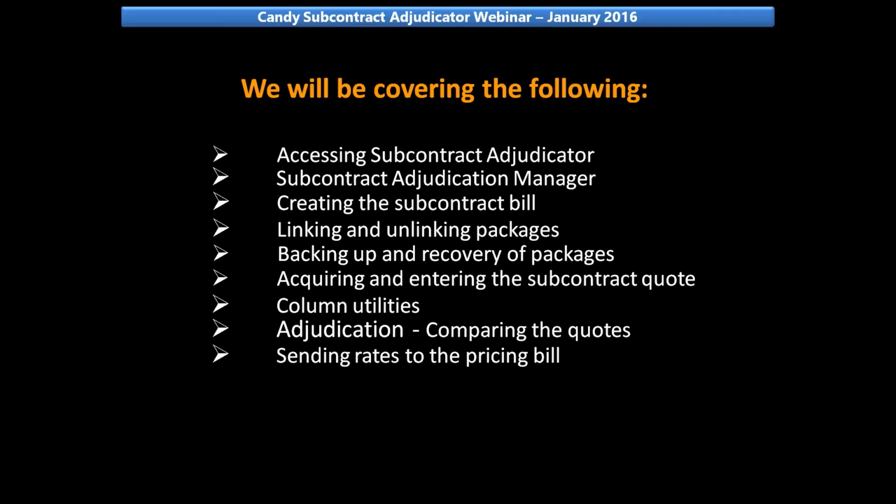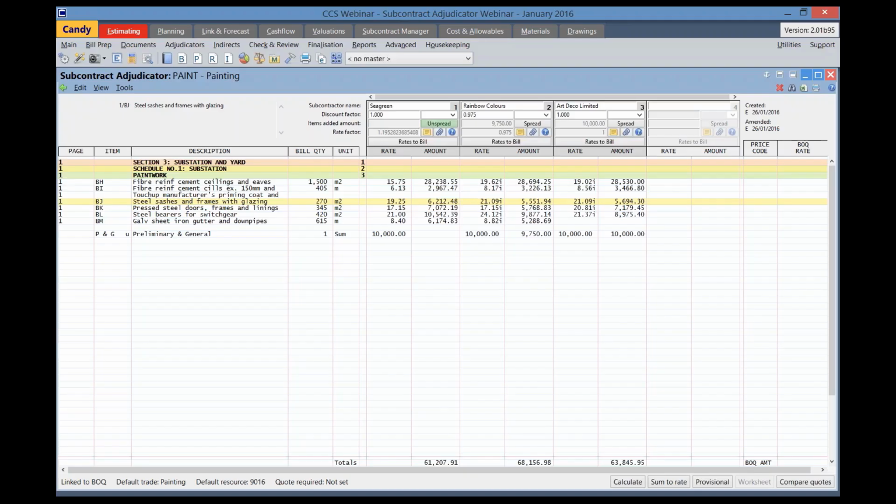Our next topic for discussion is sending rates to the pricing bill and some rate tools with that. Subcontractors' rates sent to the pricing bill can be added to the net worksheets of the linked bill items.